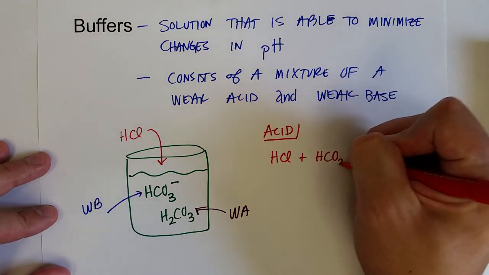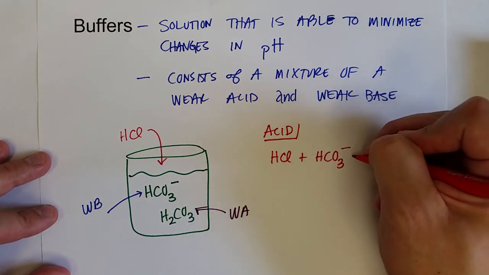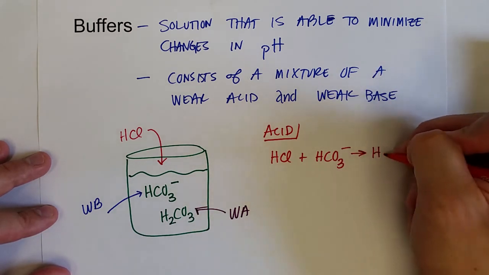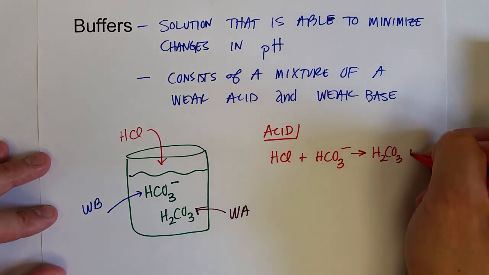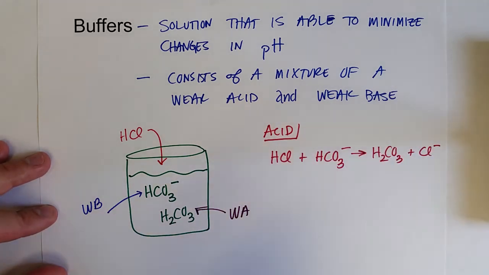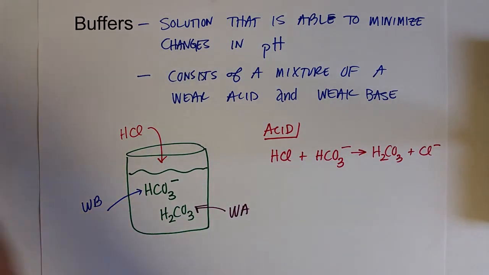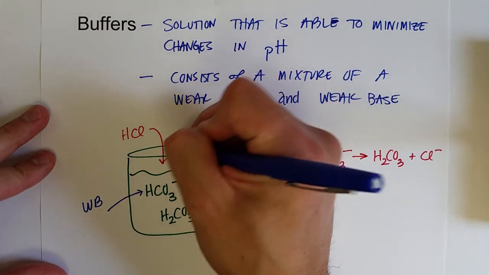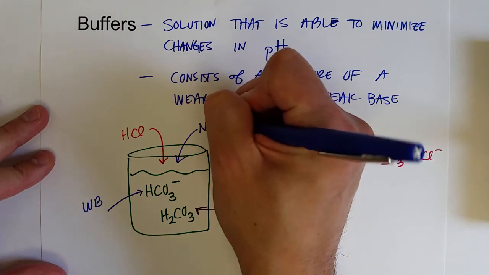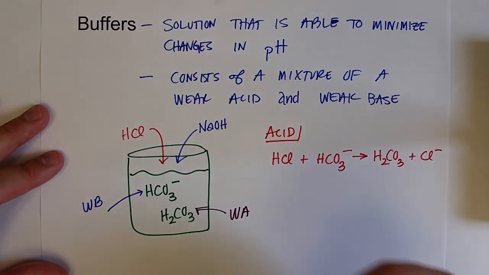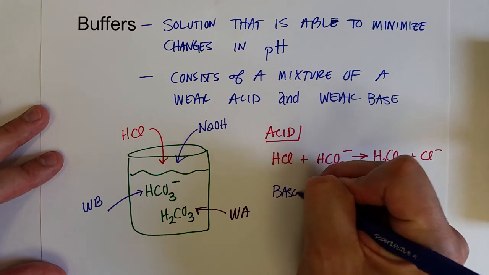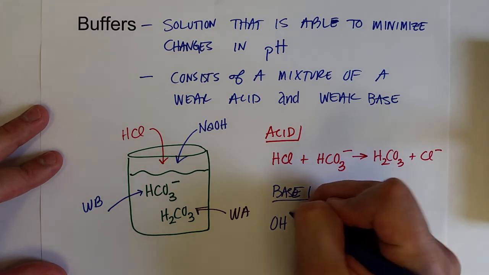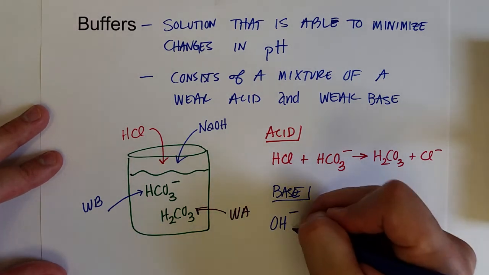By HCO3, the hydrogen carbonate ion, to produce carbonic acid plus chloride. And then if a base were added, let's say sodium hydroxide, which of course dissociates 100%, really the base that's going to react is the hydroxide.